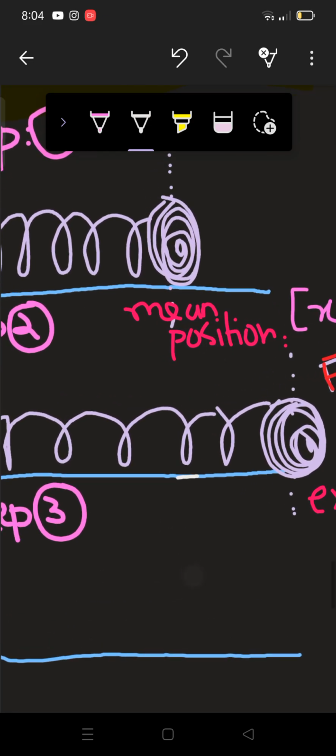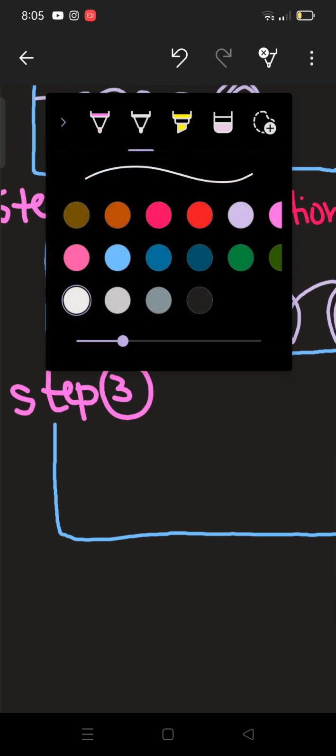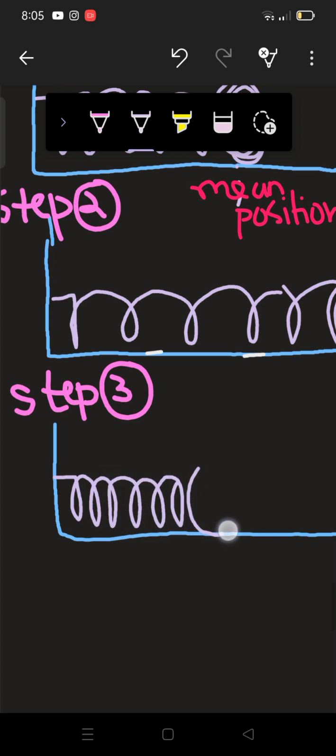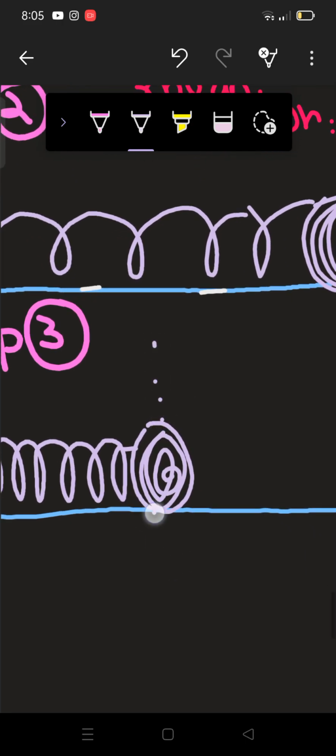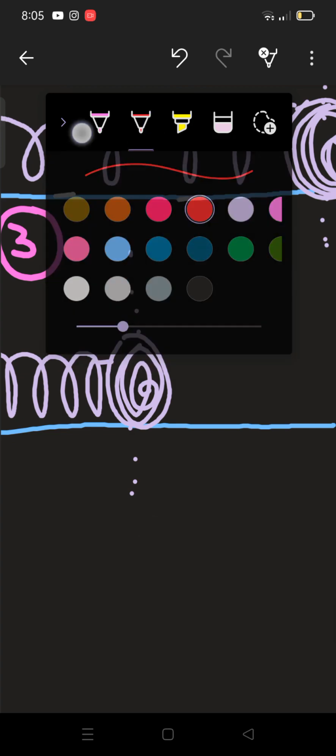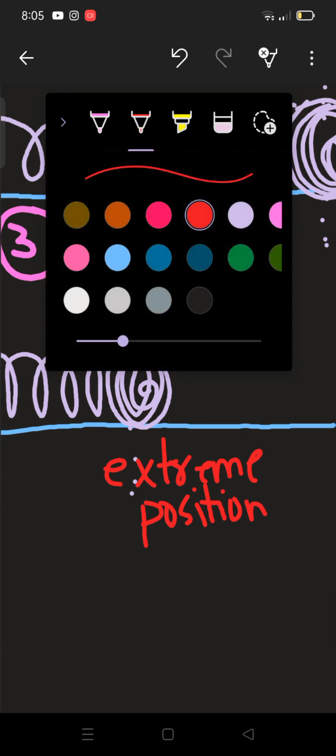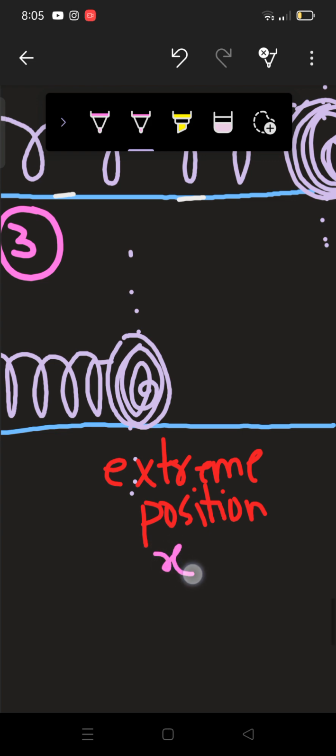Of course not. Now it will go somewhere here. So let's make the third step. Now this body is again at its extreme position, where displacement is equal to x naught.